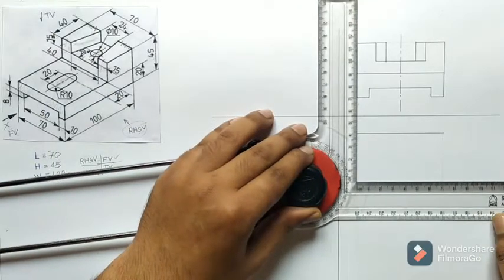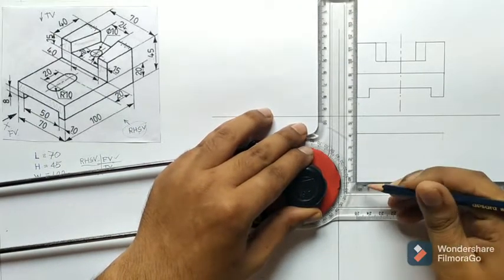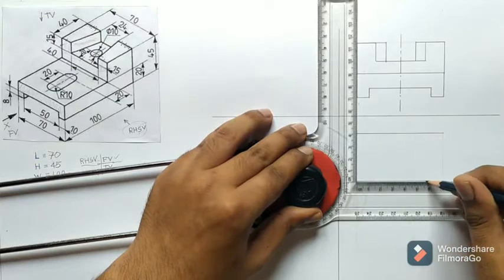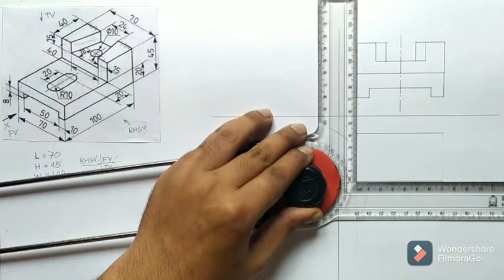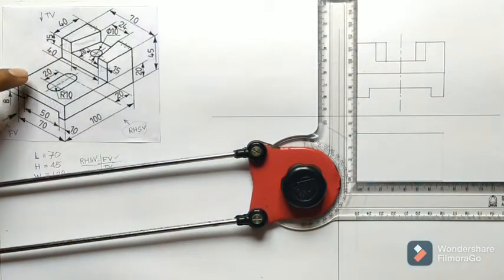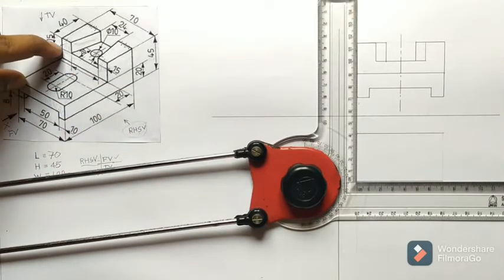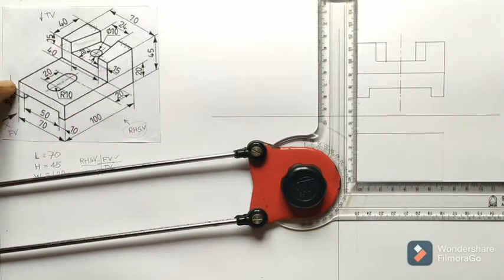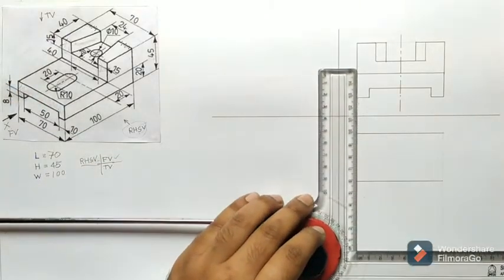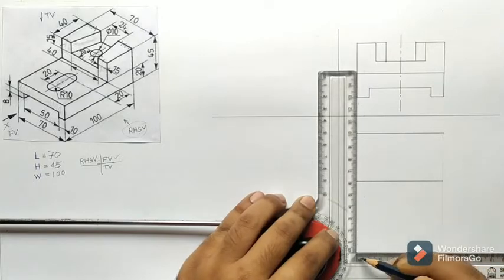So 40 mm away I will draw one more solid line, and after that out of 100 the remaining portion is 60 mm. So at 60 mm I will get one more edge. Okay.